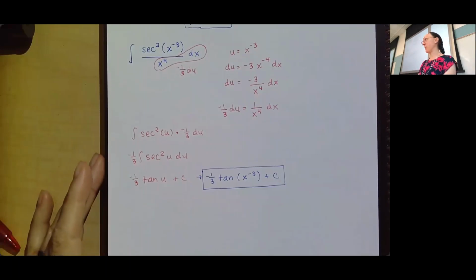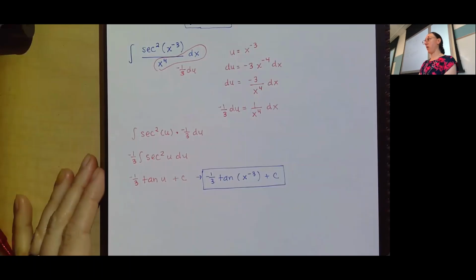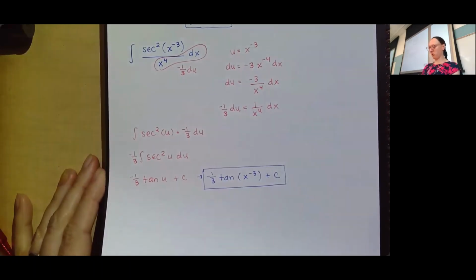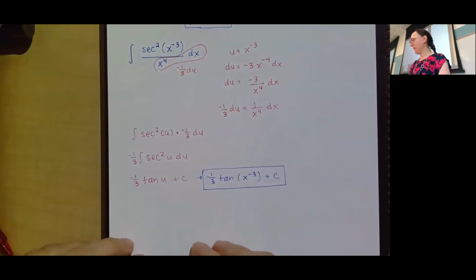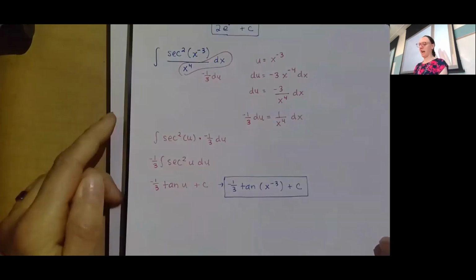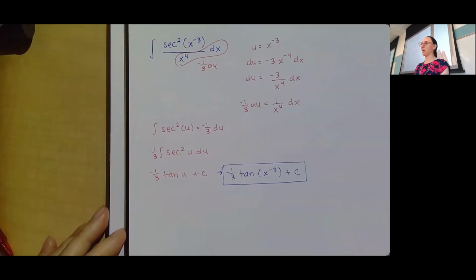Okay, I am ready to go back to that question from the homework. Armed with u substitution, we are going to make it through. Oh, actually, there's a really great question in the chat, and so I want to address that.